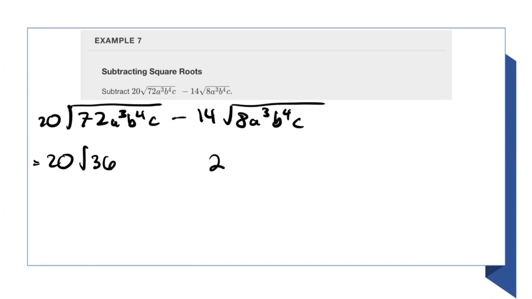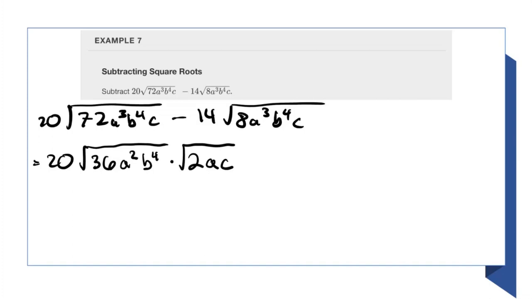Now, a to the 3 is not a perfect square, but it can be rewritten as a squared times a, right? B to the 4 is a perfect square, and c is not a perfect square. So we can say this radical times this radical. I know that was a little bit different, but that's how we're going to approach it.